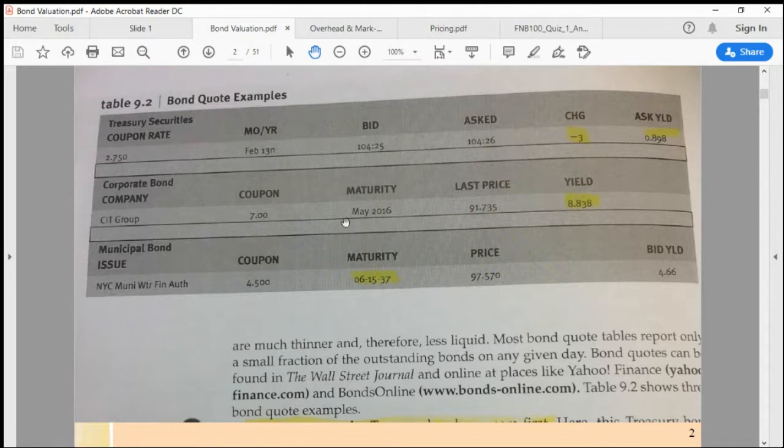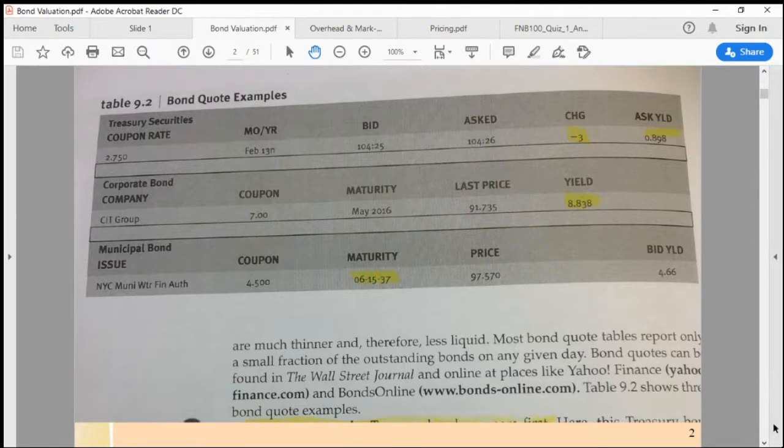So there are several factors that contribute to this yield differential, right? Almost tenfold yield differential. Now, municipal bond yield is somewhere in between, right?